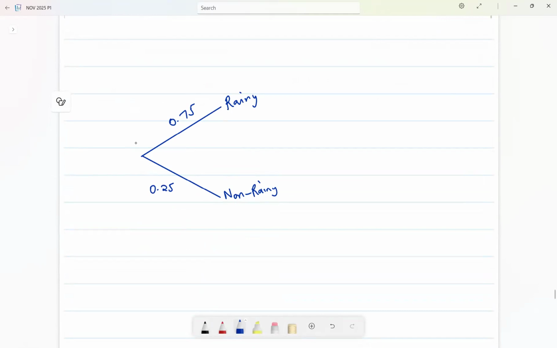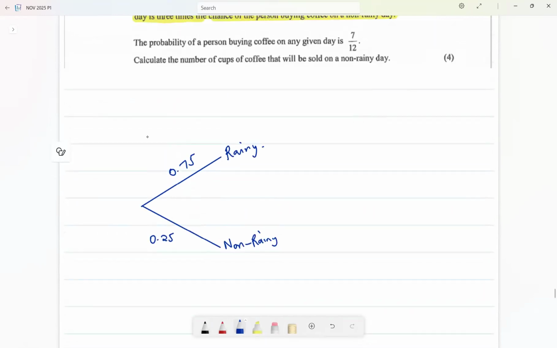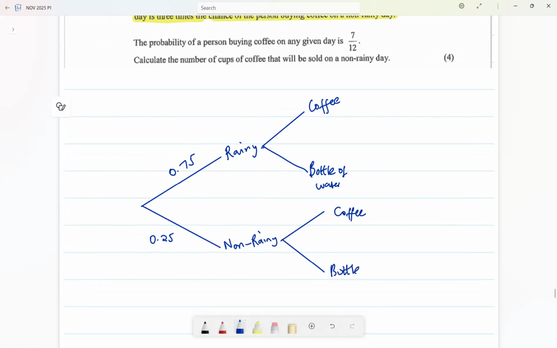And when it is rainy, that particular person is going to buy either coffee or a bottle of water. Or on a non-rainy day, you're going to buy either coffee or a bottle of water also.